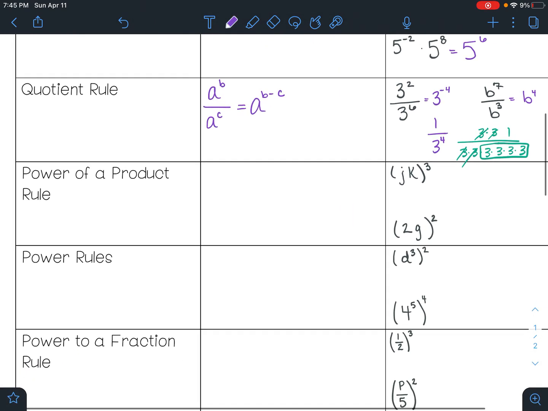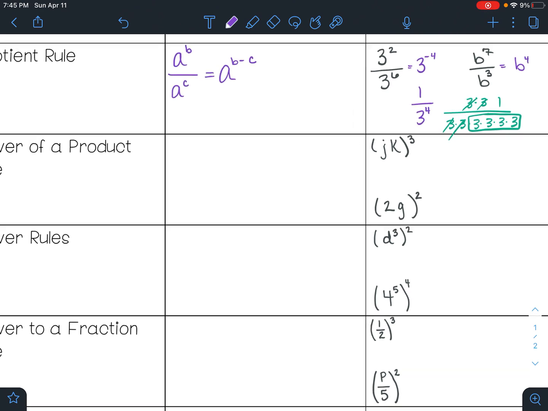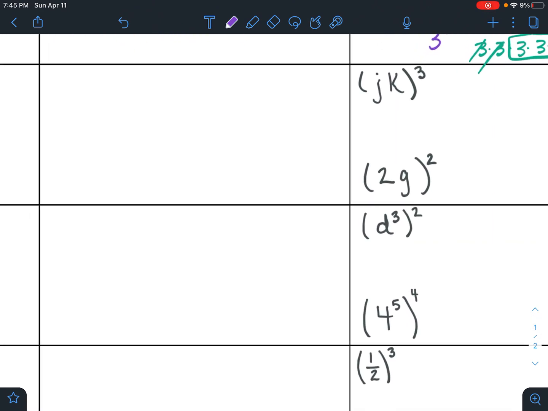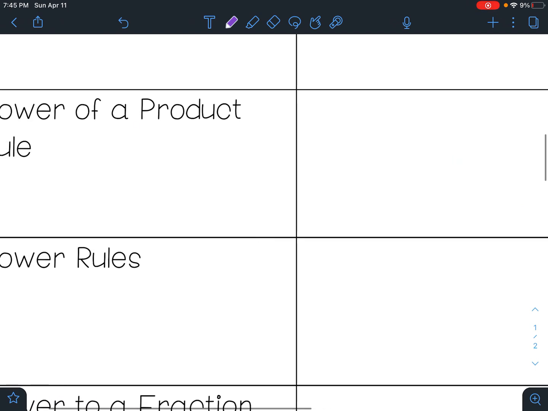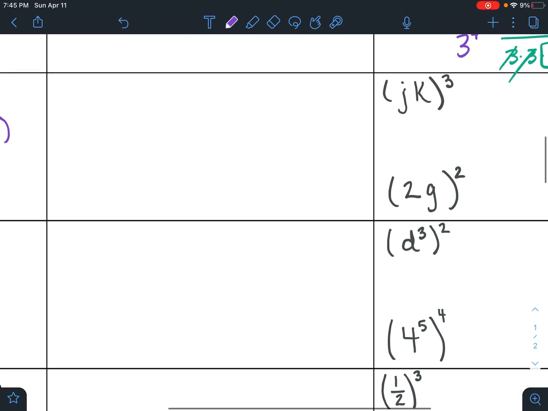This is the power of a product rule. Now I'm going to give a huge disclaimer here. You can only use this when it is a product inside, meaning they are being multiplied. You're going to see in our next unit, things are not going to be multiplied and you cannot use this. This is only when the things inside are being multiplied.